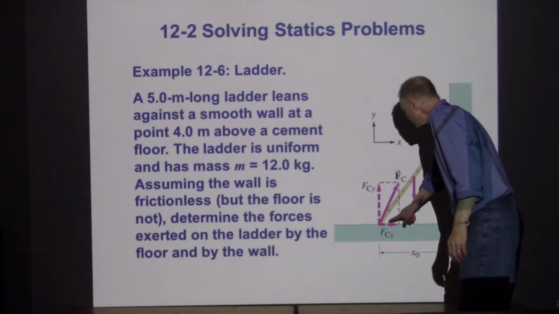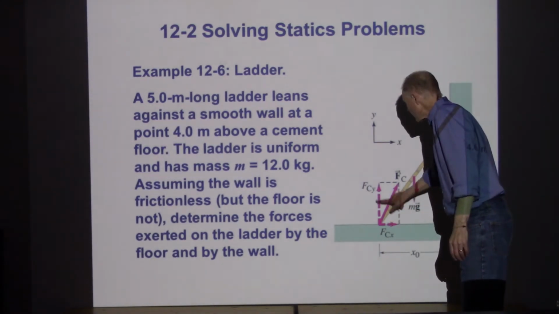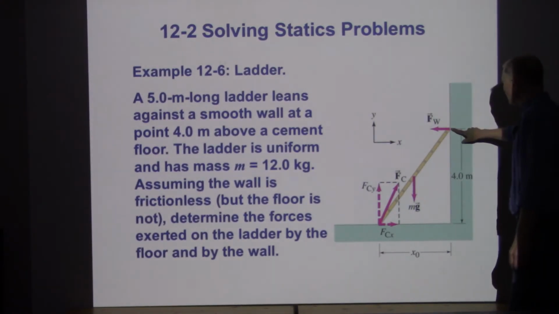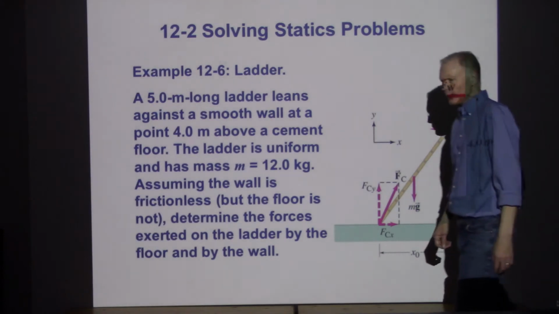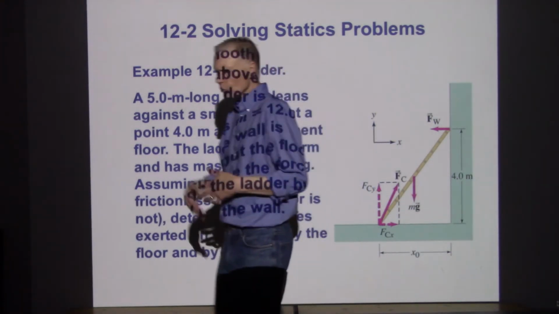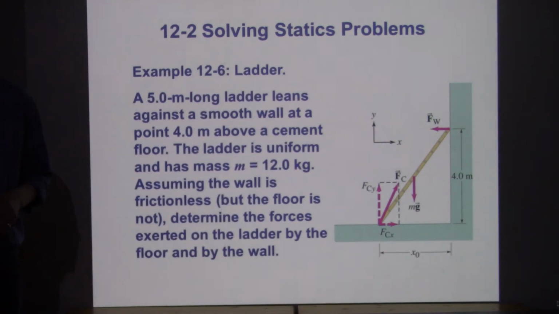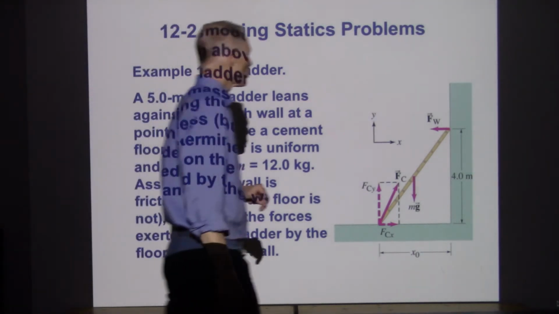Now, if there's friction down here, and there better be, and there's a normal force here, what about friction on the wall? And you could have friction on the wall. It turns out that for us in this problem, we're just learning how to do these statics problems. Adding a frictional force on the wall makes the problem more difficult, so we're going to ignore the friction.